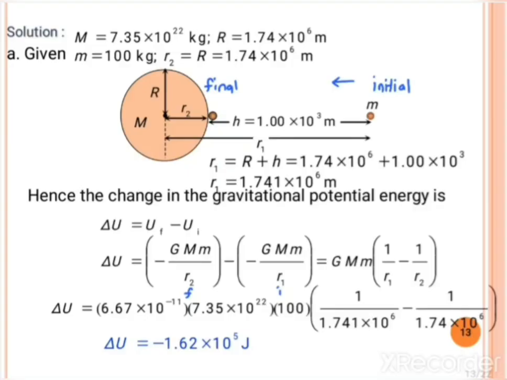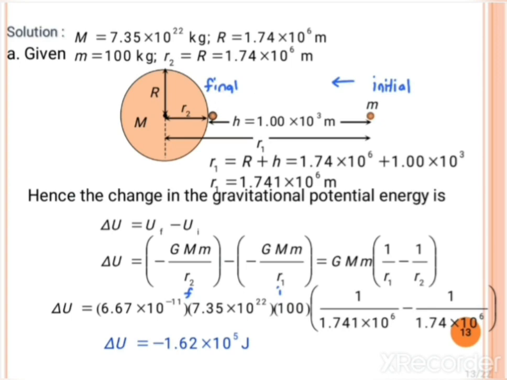Value for R2 equal to R, radius of moon. Why? Because at the final position, this probe is dropped onto the moon surface. Okay, look at this picture. At the initial position, this probe is 1 times 10 power of 3 meter from the moon surface. And then this probe is dropped onto the moon surface.